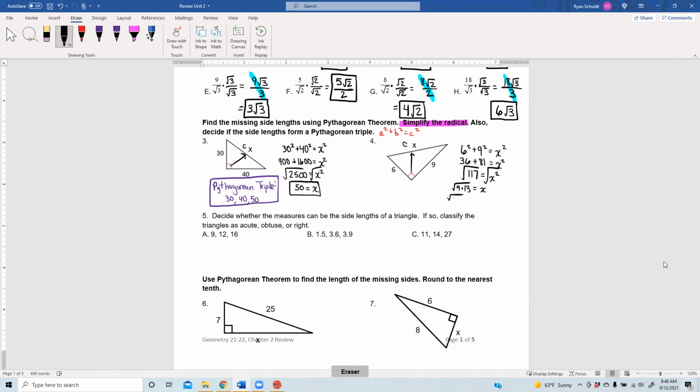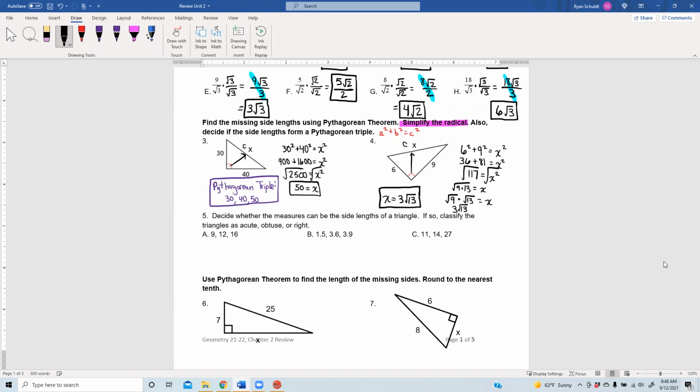Square root of 9, which, again, we can break this up. Square root of 9 times the square root of 13. Square root of 9 is 3. And then I can't take the square root of 13. So x is 3 square roots of 13.